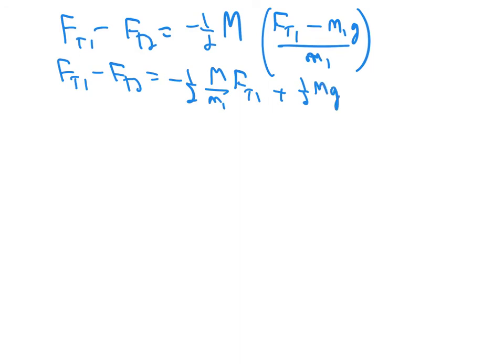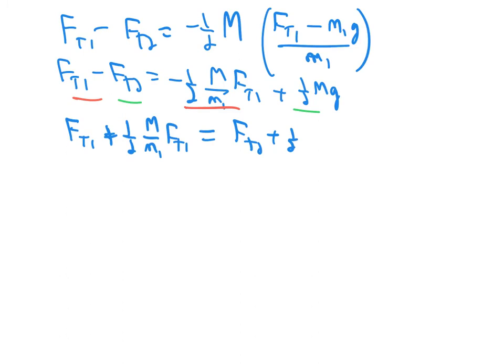And now we have to do the goofy thing where we bring this to one side and this over to the other, and we're left with FT1 plus 1/2 capital M over m1 FT1 equals FT2 plus 1/2 Mg.